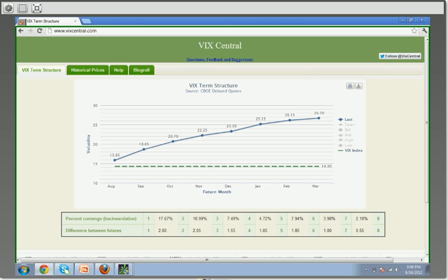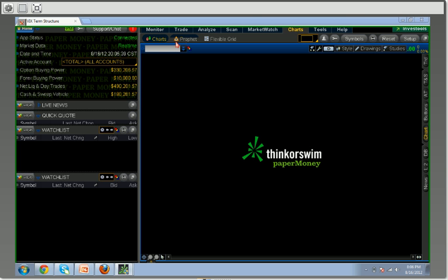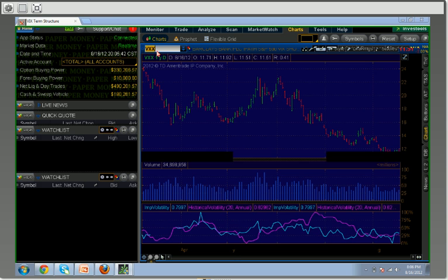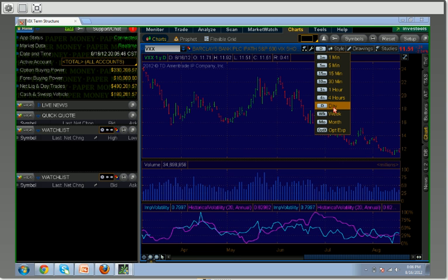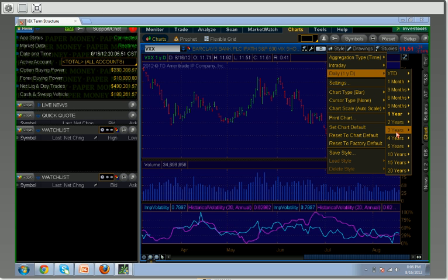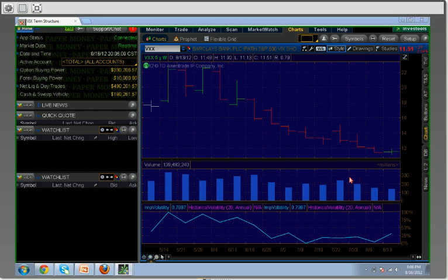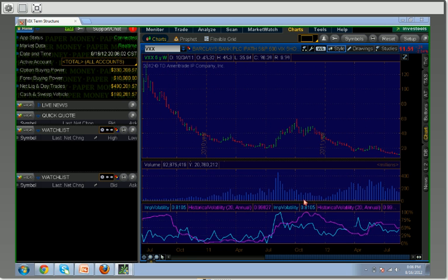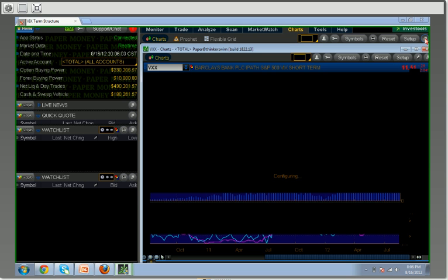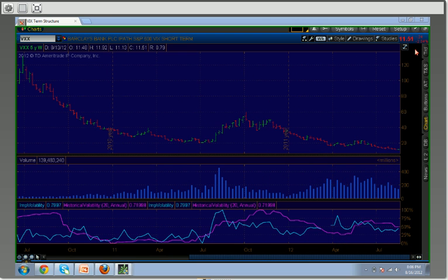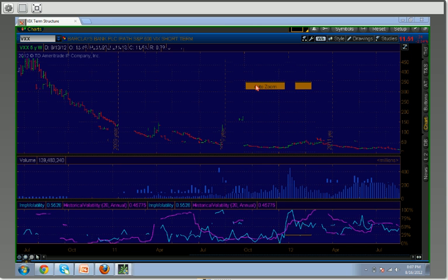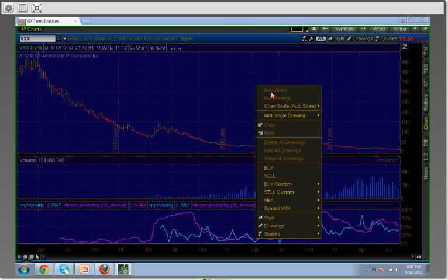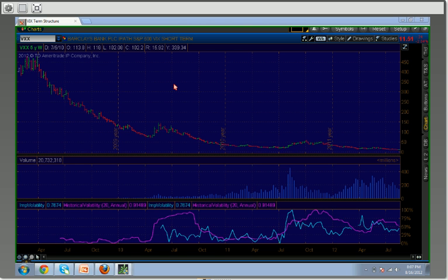Has anybody ever looked at a long-term chart of the VXX? I'm going to show you a 5-year chart of VXX on a weekly basis. This is the VXX since its inception.